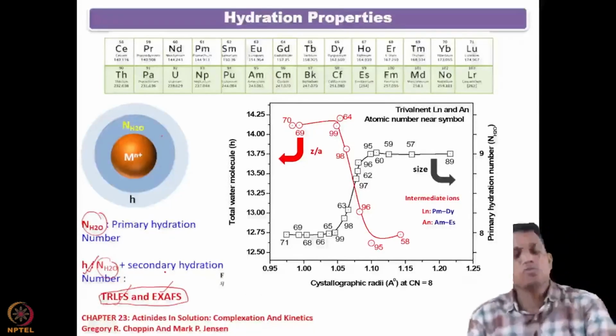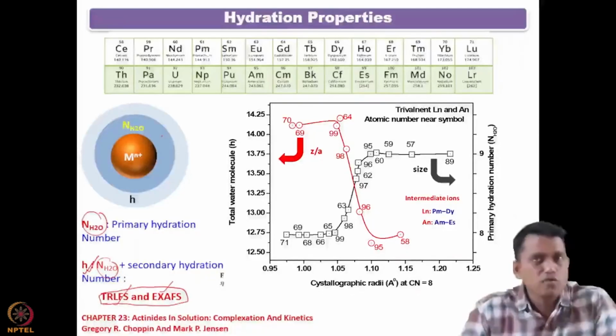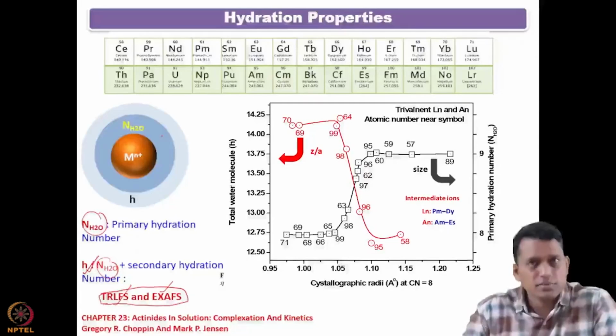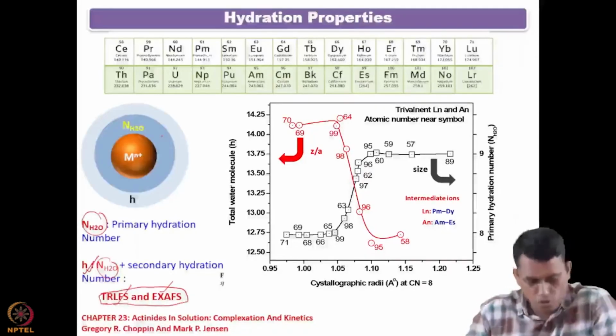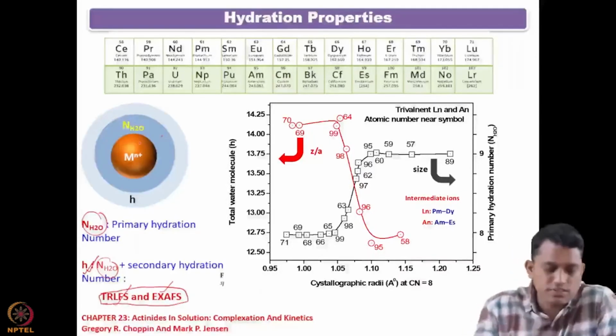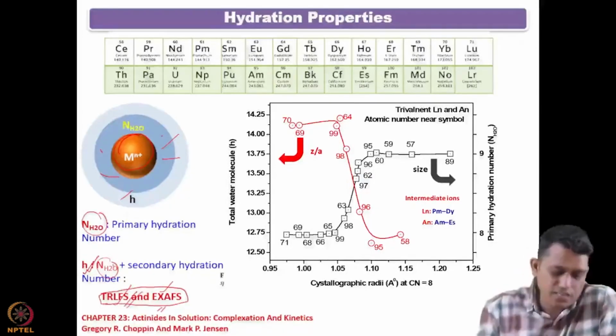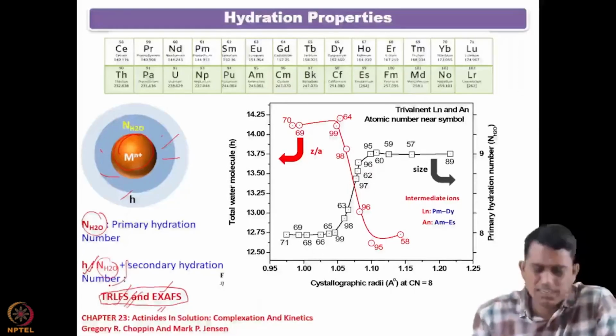To get information about the total, you mainly rely on electrophoretic mobility experiments, in which we measure some kind of diffusion which tells about the overall radius of the structure. Since we know the radius, we deduce the total hydration, and from this total hydration we subtract the primary hydration that we get directly from these techniques, and we get the value of the secondary hydration number.